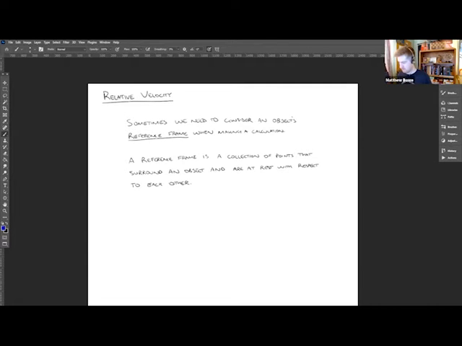Let me move on to another example. Well, we'll get to the example at the bottom. Okay. So a reference frame is just a collection of points around the thing you're measuring.